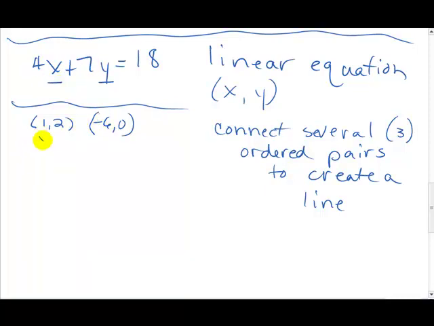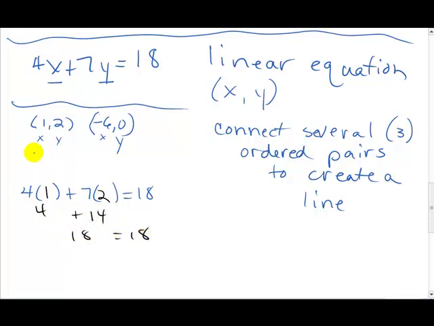So this is x and y, and I'm going to do this twice. I've got two ordered pairs. So 4 times x plus 7 times y equals 18. This is 1 and 2. That's 4 plus 14. So 18 equals 18. So that's a yes.